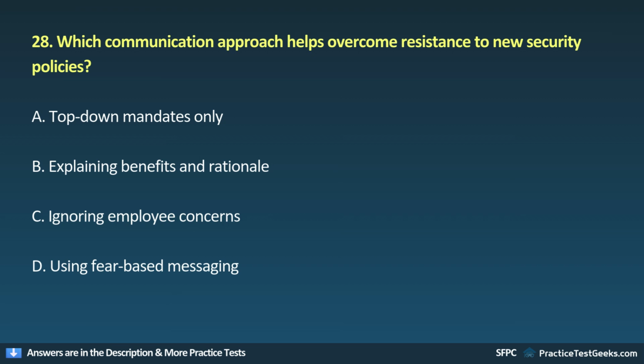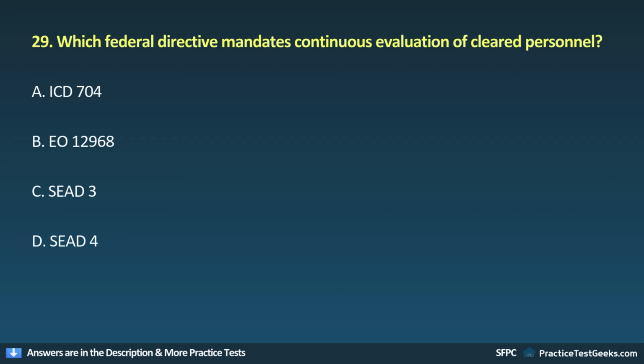A. Top-down mandates only. B. Explaining benefits and rationale. C. Ignoring employee concerns. D. Using fear-based messaging.